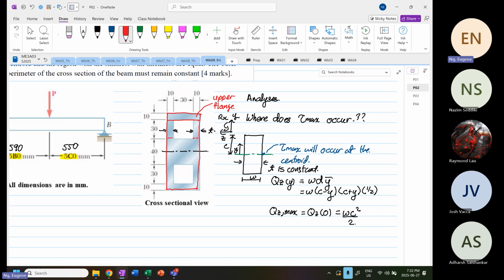I'm now going to call this part our web, and I'm going to call this our central flange. Okay. So this is where the analysis comes in.